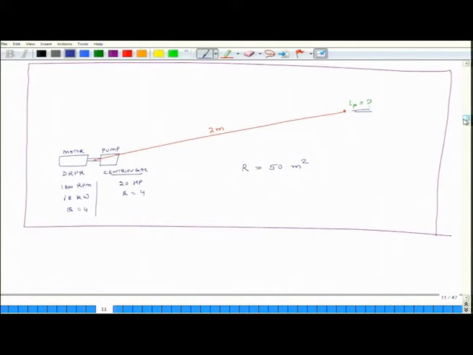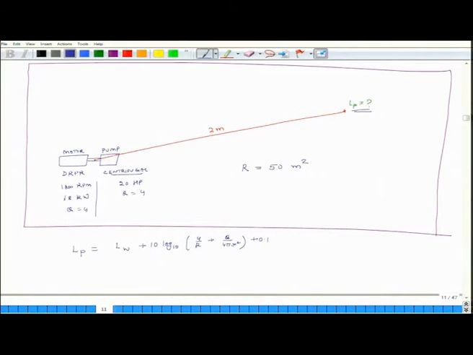So, how do we do it? We know that for a closed room, the sound power level LP equals LW plus 10 log of (4 over R plus Q by 4 pi r square) plus 0.1.